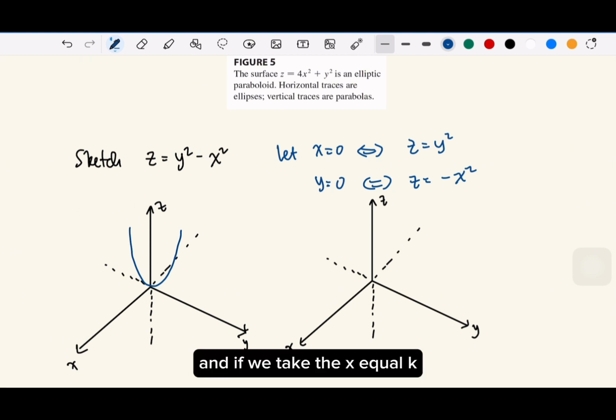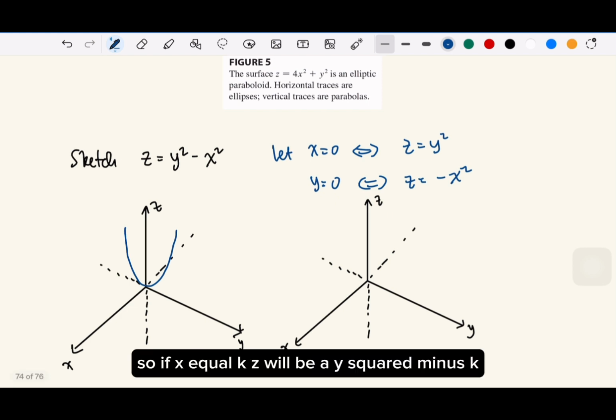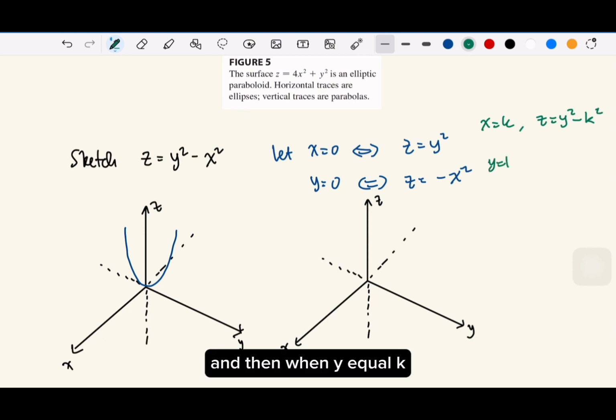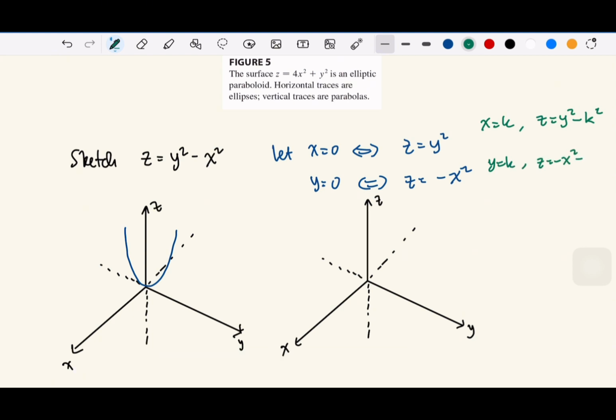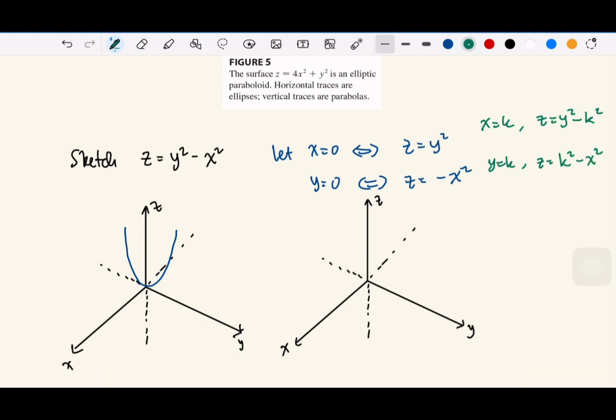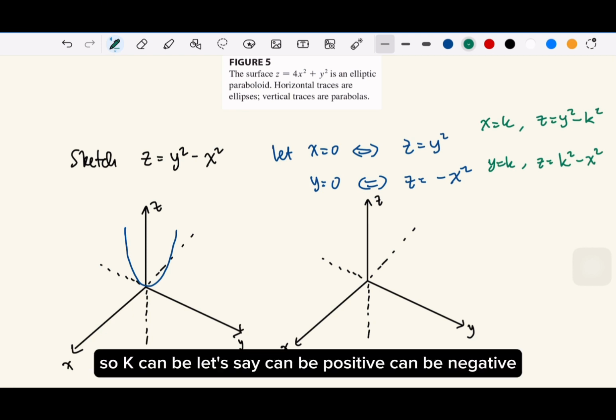And if we take x equal k, z will be y squared minus k squared. And then when y equals k, z will be k squared minus x squared. So k can be positive, can be negative.